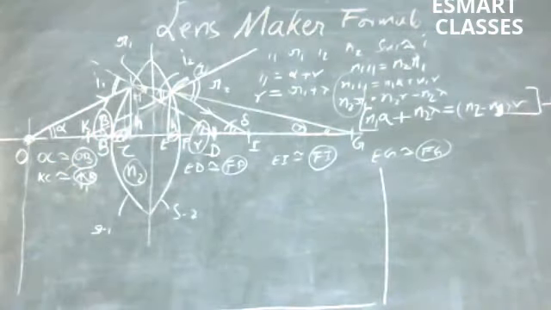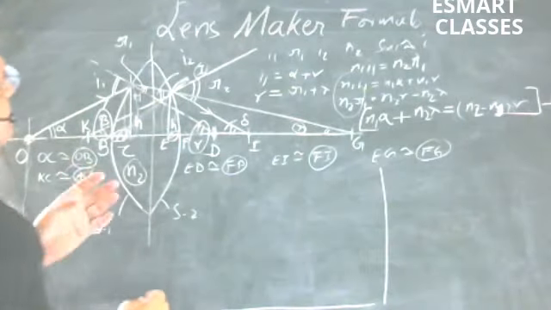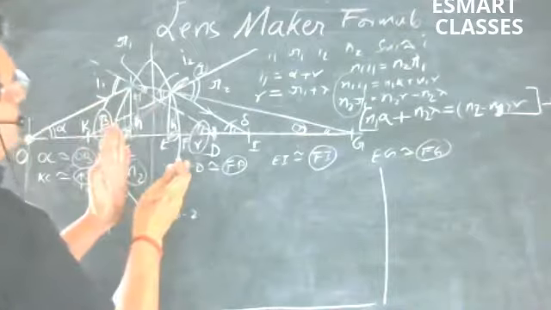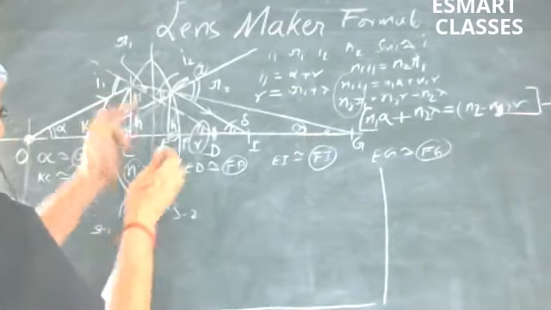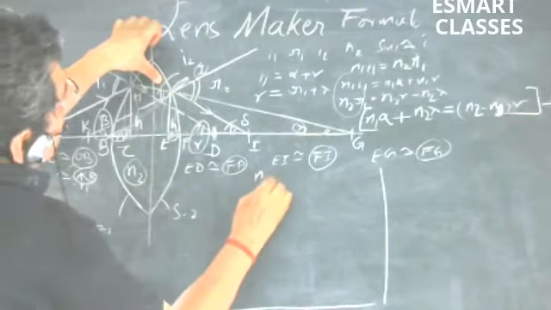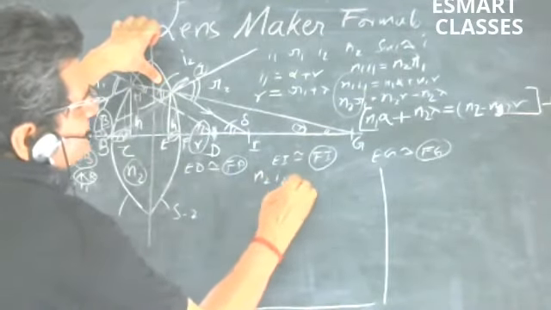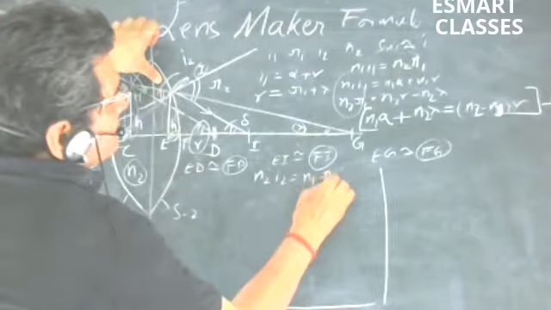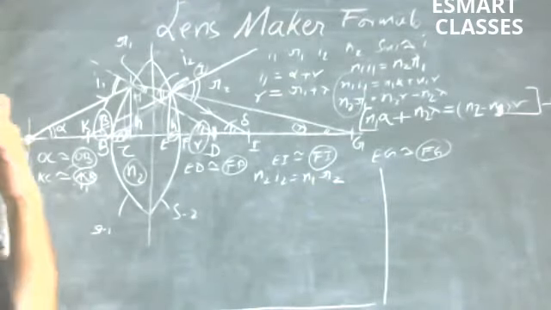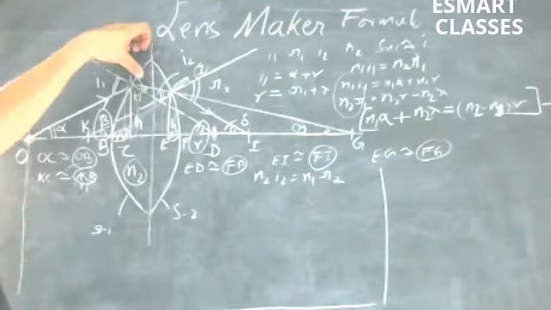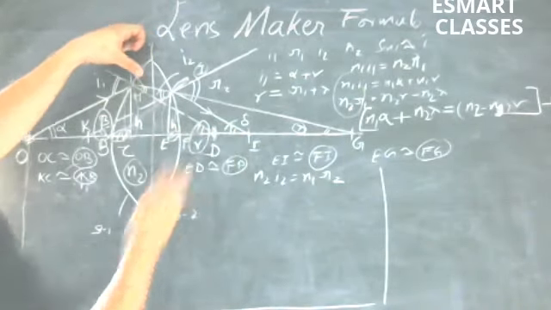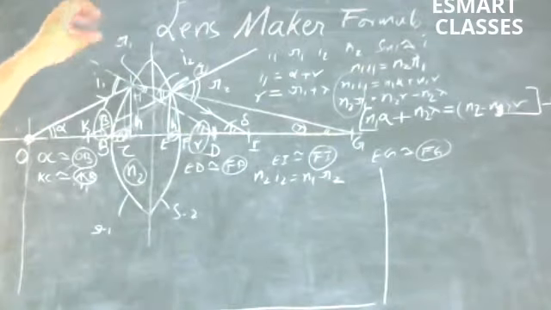For the other side, again take the two triangles. First write the Snell's law and be careful while you write that, because here it is N2 first. N2 into I2 is equal to N1 into R2. Now take two triangles such that I2 and R2 are covered, and also the radius is also getting covered.